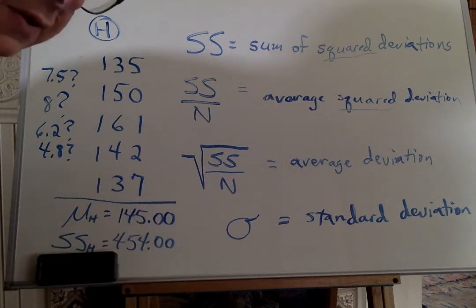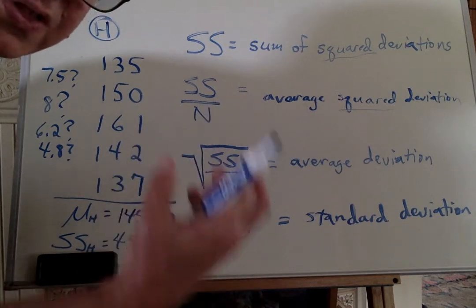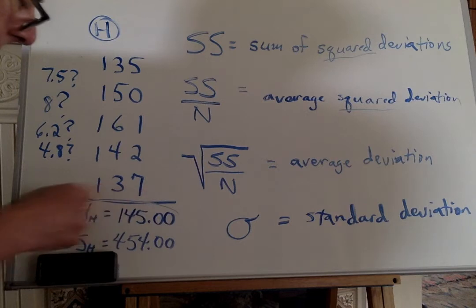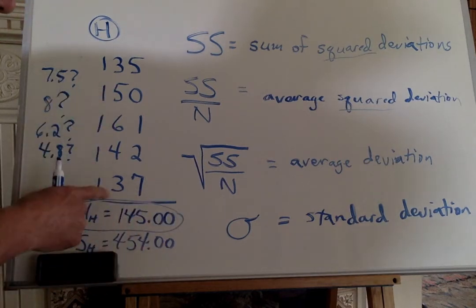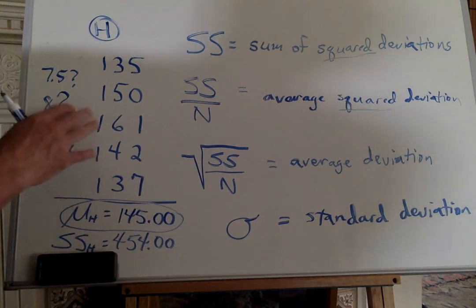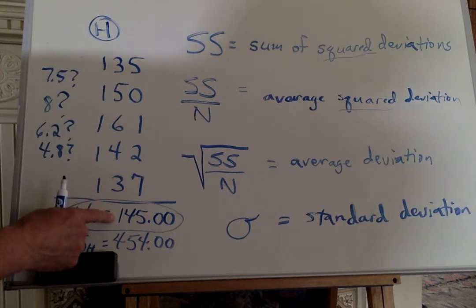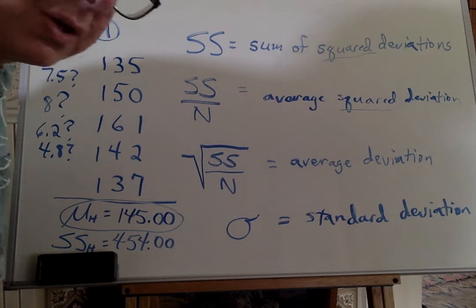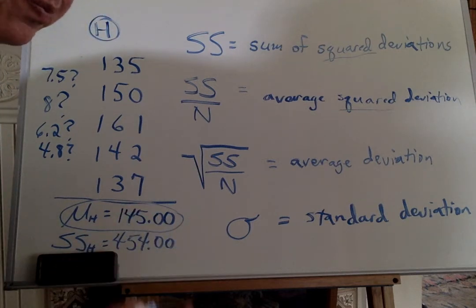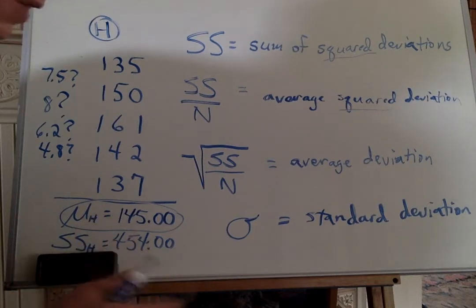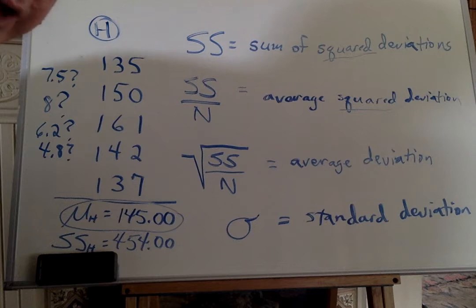What guessing does for students is get them thinking about the concept. Here's the mean for this group of 5 scores. I want to know, on average, how much do these scores deviate from this? Now, we can certainly do the computations. Listen, you're all intelligent college students. I'm assuming with practice, you can do the computations very easily.